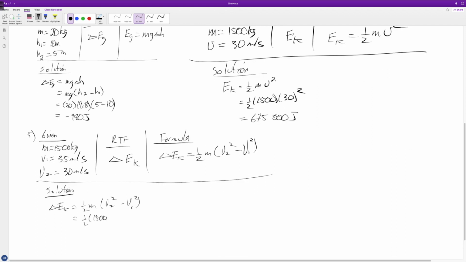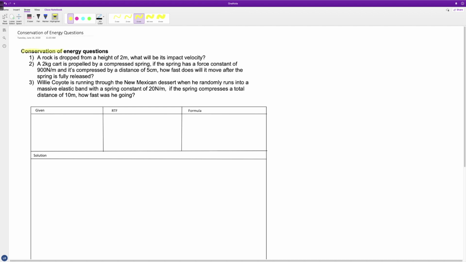Substituting in 1,500, 30 squared minus 35 squared. Be certain that you calculate the bracket first, or when you put it in your calculator, you make sure that the brackets are included. We should get a loss of negative 243,750 joules.